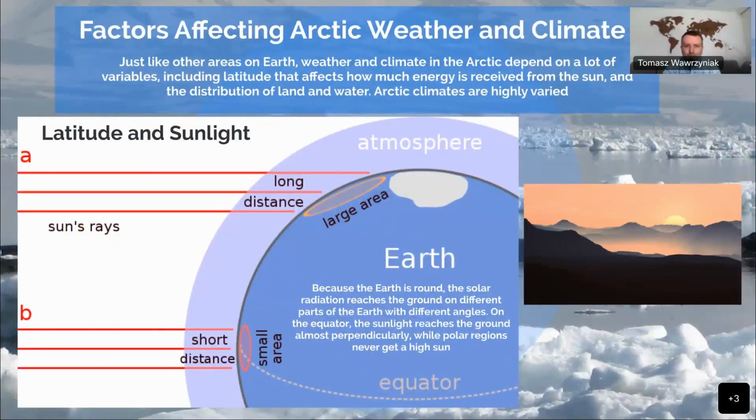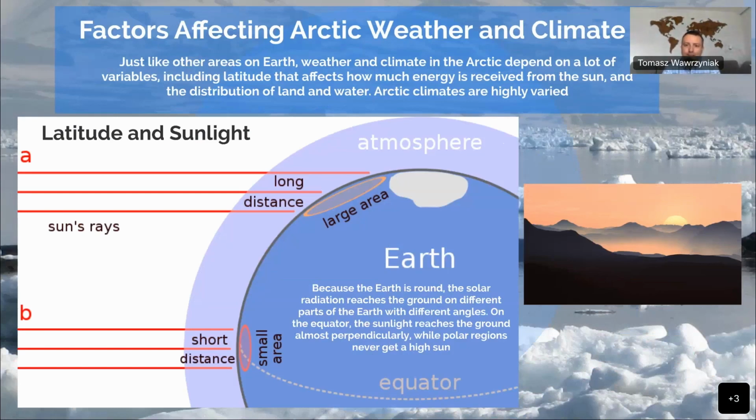There are multiple factors that affect the weather and climate of the Arctic. The most important one is the latitude, because our Earth is round. So the solar radiation reaches the ground on different parts of the Earth with different angles. For example, close to the equator, the sunlight reaches the ground almost perpendicularly. In case of higher latitudes, such as in the Arctic, the distance of sun rays is longer and they cover larger areas.